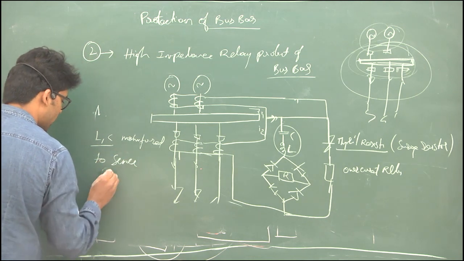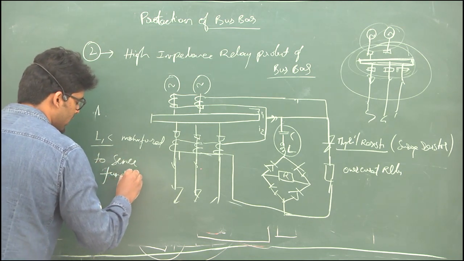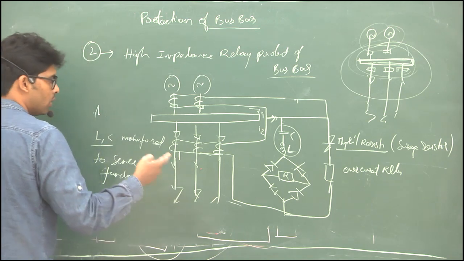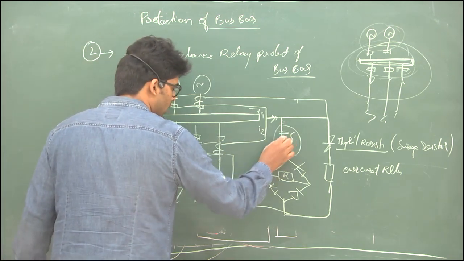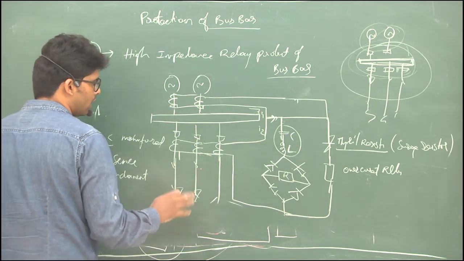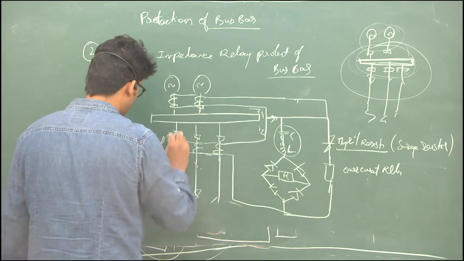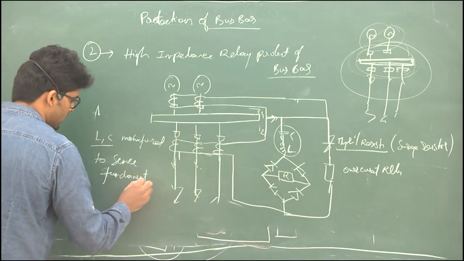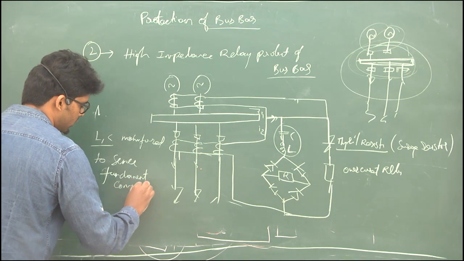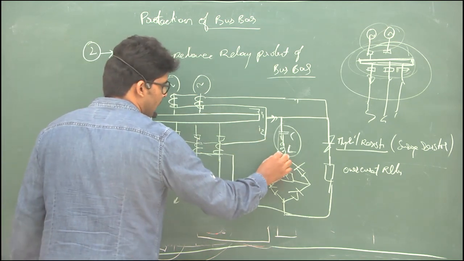Sudden surges are not allowed to flow as current; only the fundamental components, which are harmful to our protection, are allowed through the circuit.